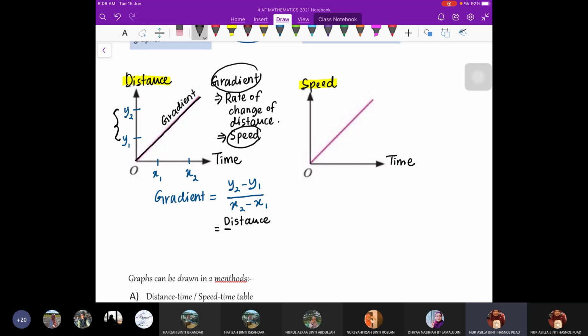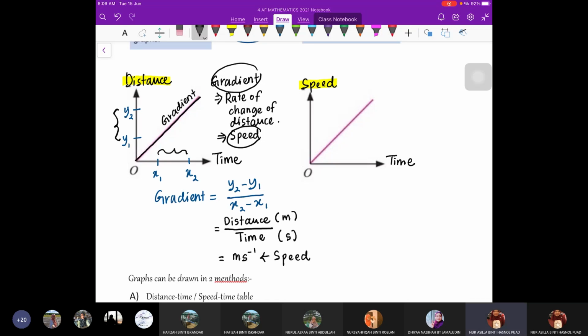Okay, x2 minus x1 is actually time lah. Whatever it is, you minus, dia akan jadi time. So gradient, distance over time, which is in unit. Kalau distance I put as meters, time as second, dia punya unit akan terhasil is meter per second, which gives you speed.